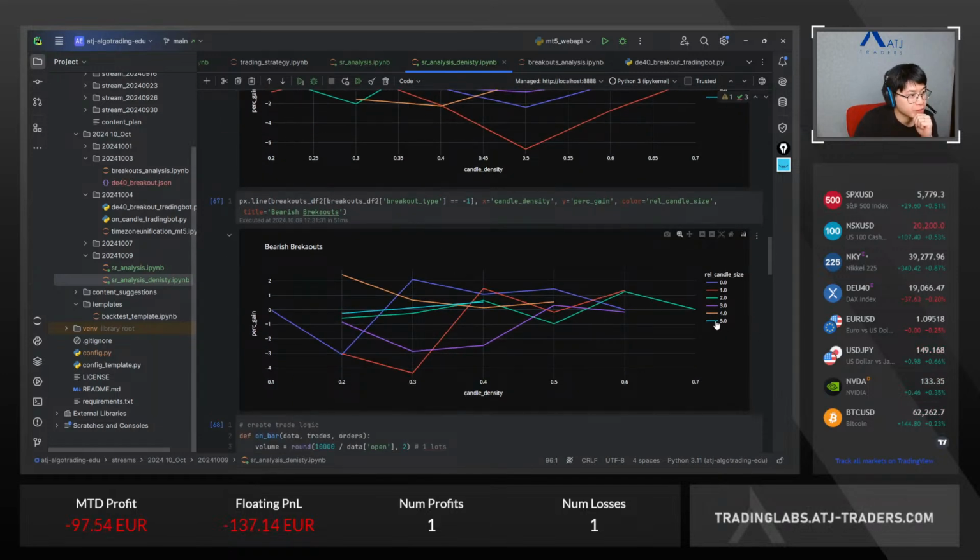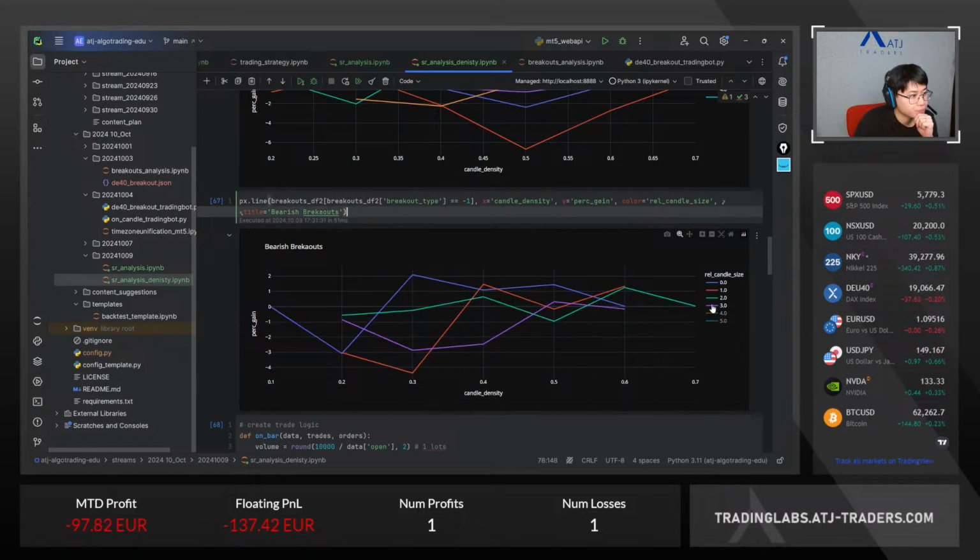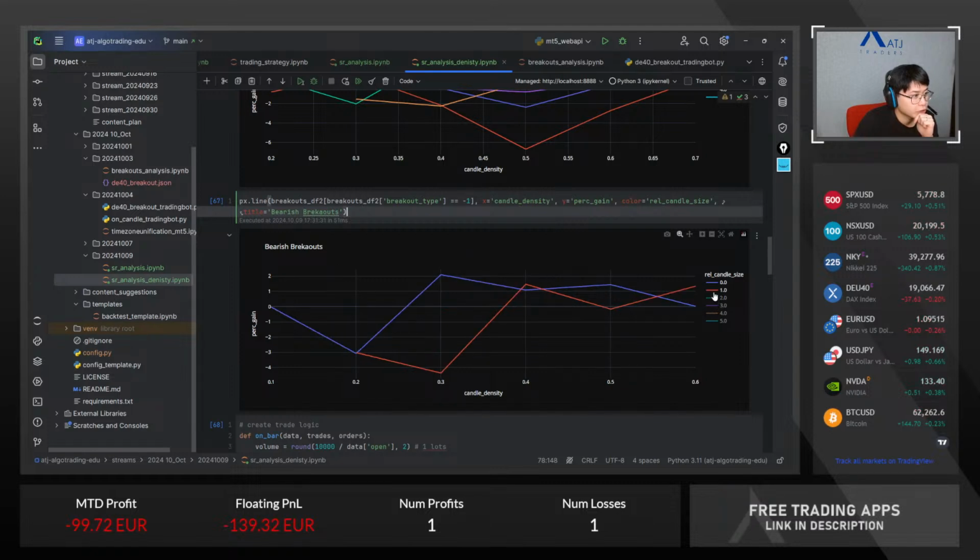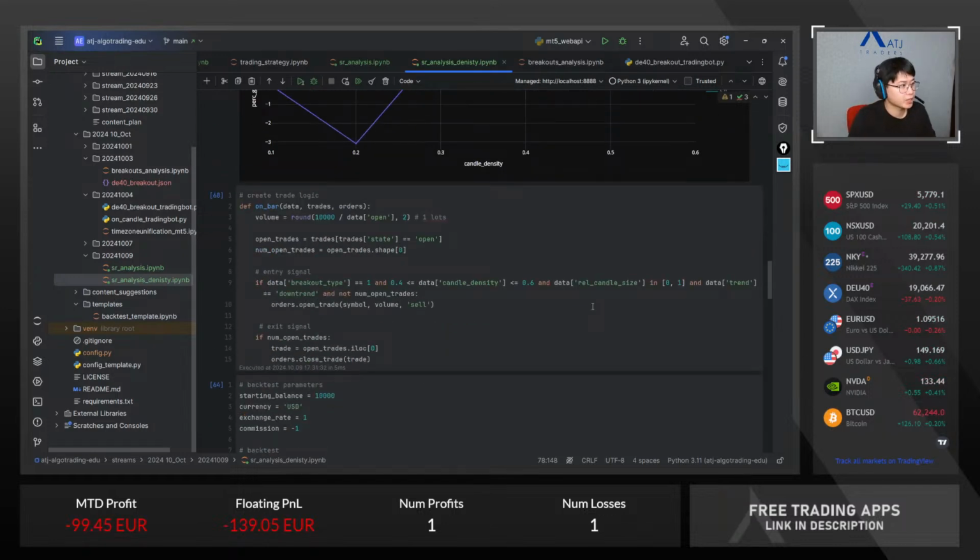So where bearish breakouts go up. Okay, not much is working here except for relative size 0. So let's try this for the bearish breakouts and do the reverse here.